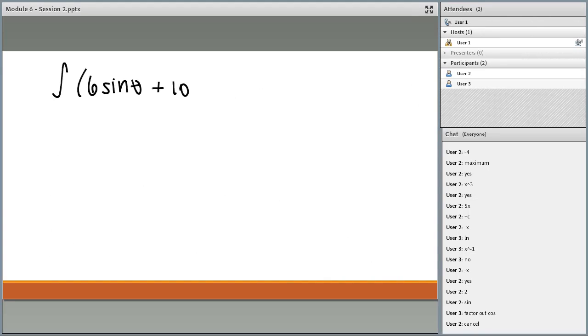So I have the integral of 6 sine theta plus 10 d theta. And now I can integrate. So whenever I have a constant in front of, say, 6 sine theta, the 6, just like it would if we were taking the derivative, stays exactly where it is. So what is the integral of sine theta?